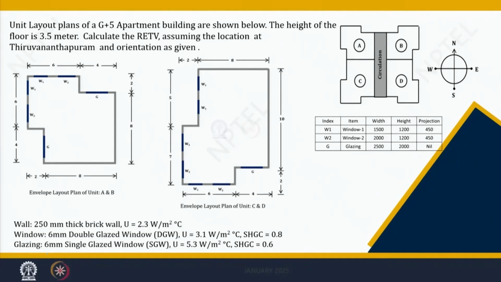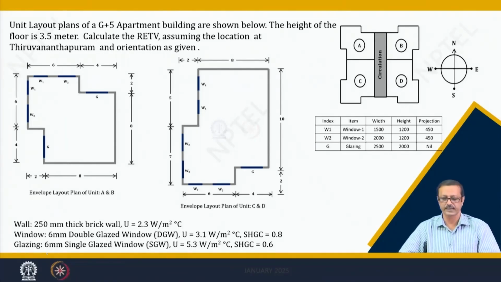The glazing is a 6 mm single glazed window, with a little higher U value of 5.3, and SHGC is also a little lower, of course, it is 0.6. So, based on this data, we should see what the RETV value is and whether the value complies with the climate of Thiruvananthapuram, which is a warm and humid climate. So, we will see that one.